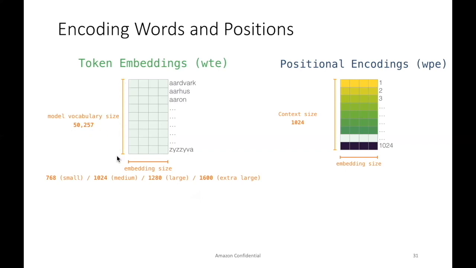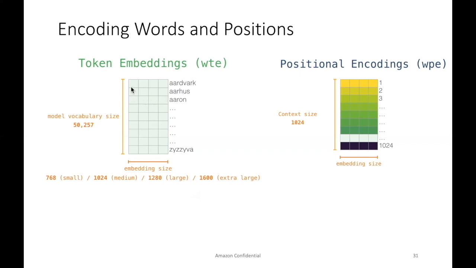And the embedding size, which is the number of columns in the table, will denote what size of hidden state or what number of embeddings we want to use for each word. So for example, here one word will be represented by this many columns. This will have arbitrary numbers which will be trained during the model training, and they will begin to represent the word as the model is trained further and further.